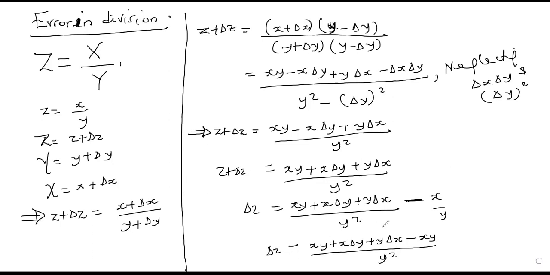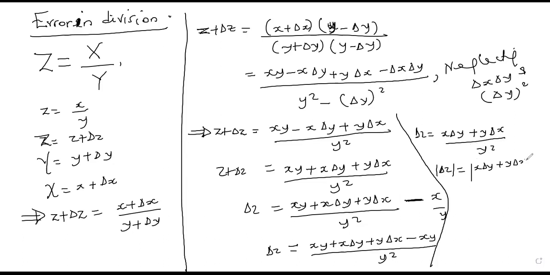So xy and xy will go. So we shall be left with our delta z as x delta y plus y delta x out of y squared, right? So you have, out of y squared, means that our delta z in magnitude is going to be equal to the magnitude of x delta y plus y delta x out of y squared.